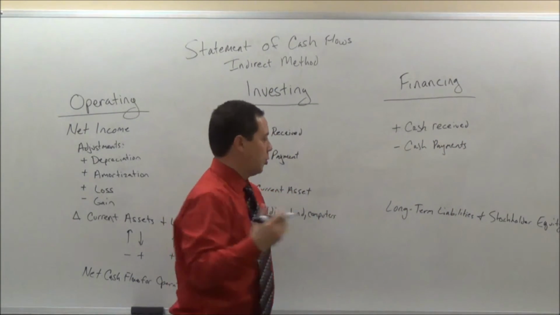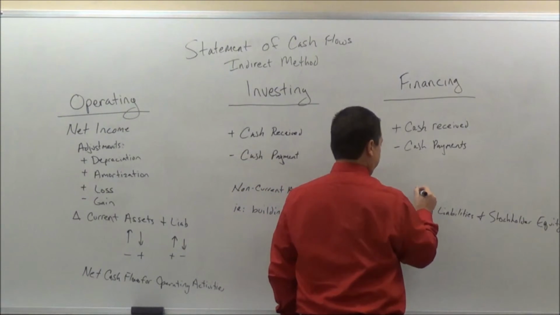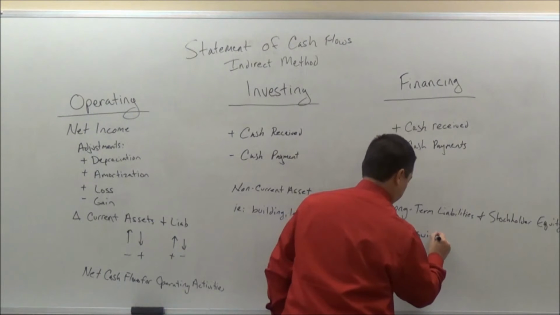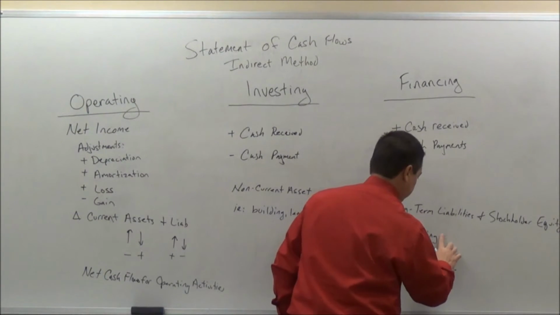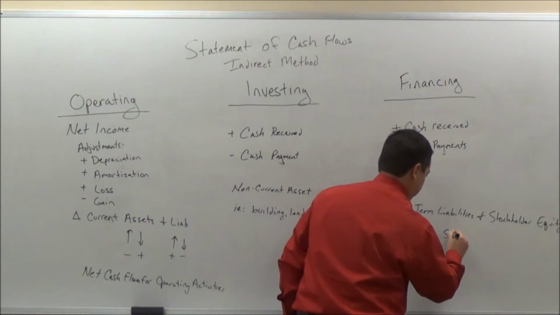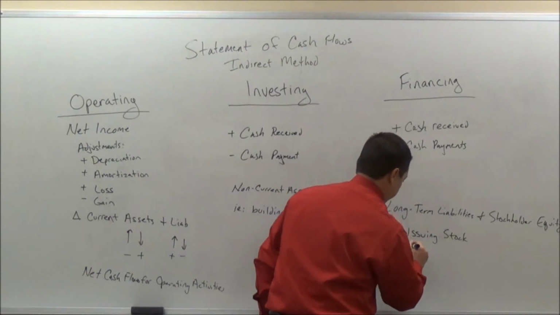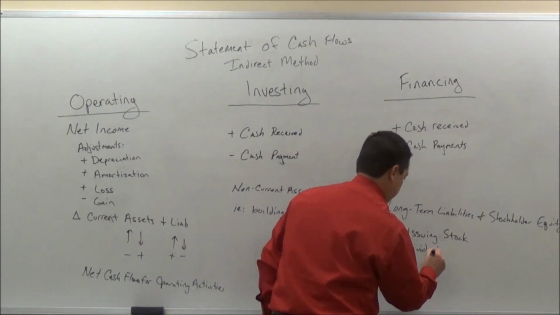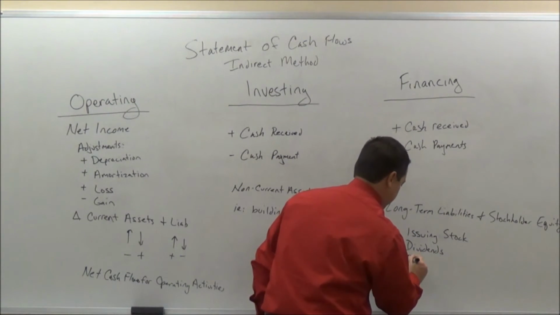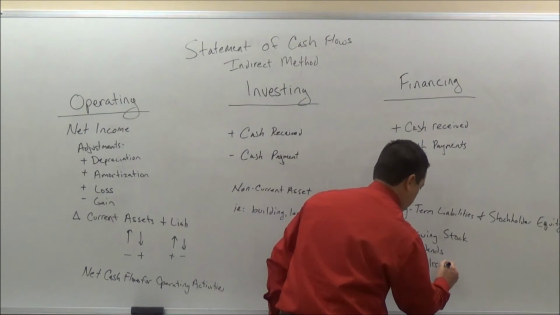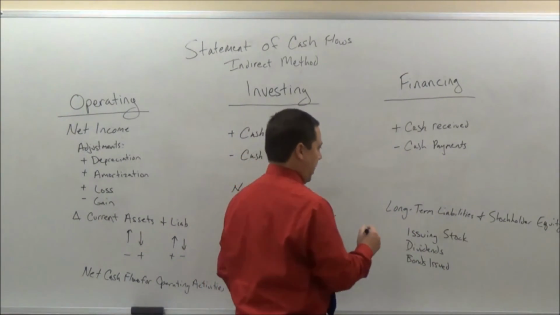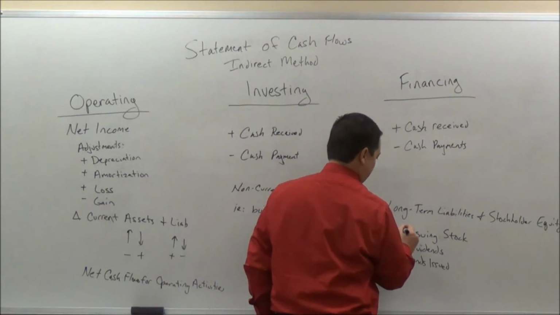So what we have here, we may have some of the things that could be for issuing stock. So I'll draw it down here. Could be from dividends. Could be bonds. Now if I'm issuing stock, I'm getting money in for that. So that will be adding in.